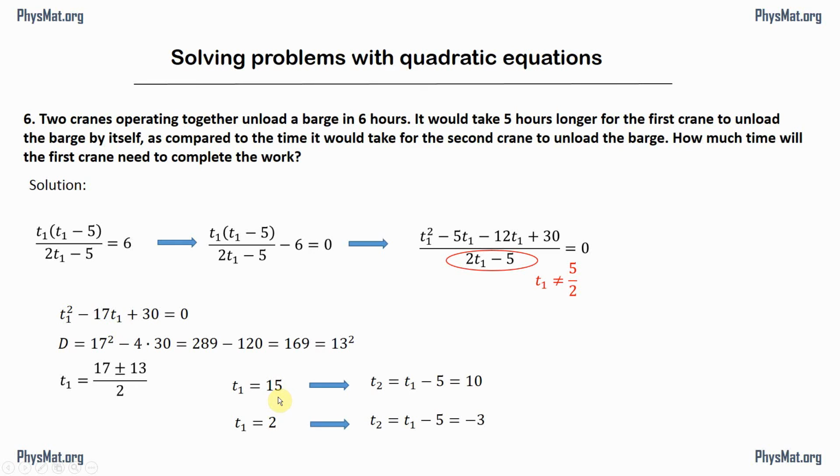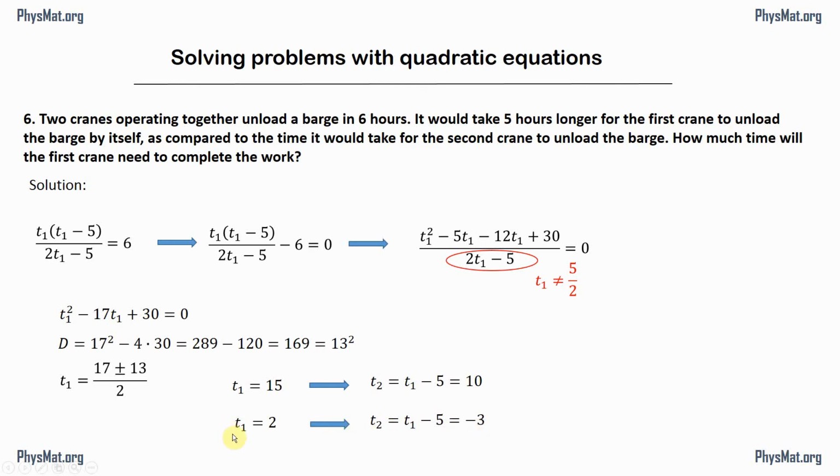But now we need to look at the value of t2, which would correspond to this t1. In the first case, t2, which is equal to t1 minus 5, is 10. But in the second case, t2 will be minus 3, which obviously has no sense.